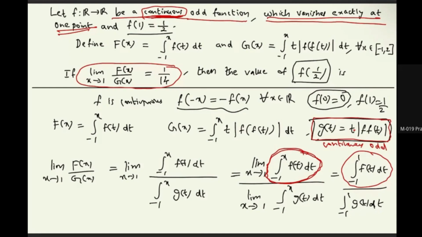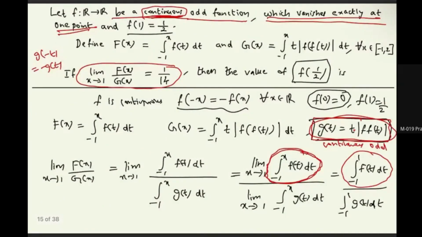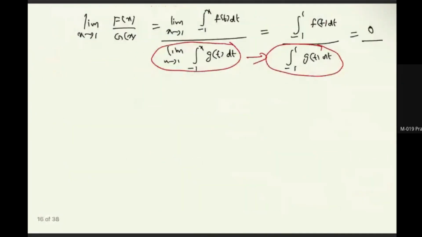Because you use the fact that f is odd, you can show that g of minus t is minus g of t. You put minus t in this and you can see that. So that observation needs to be checked. So g is also continuous, g is also odd. So that is why this is also 0. That is how you got the 0 by 0 form.